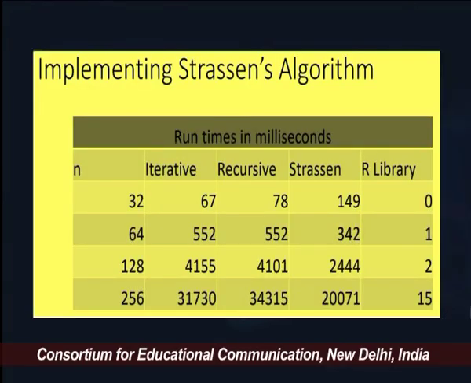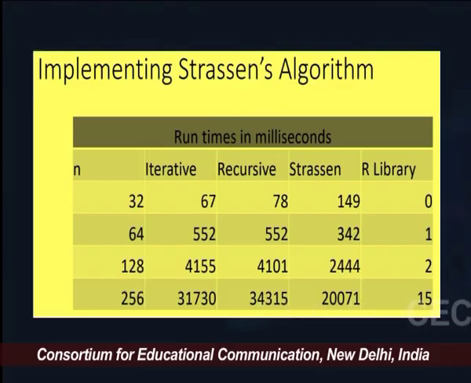Here are some figures from running different sizes of n. When n is 32, the iterative method takes 67 units, recursive takes 78, and Strassen gives bad results at 149.